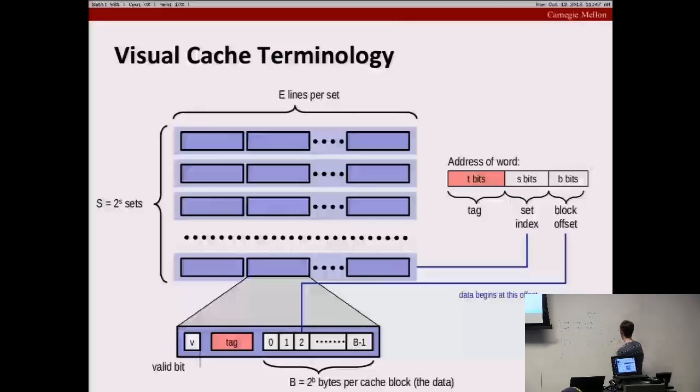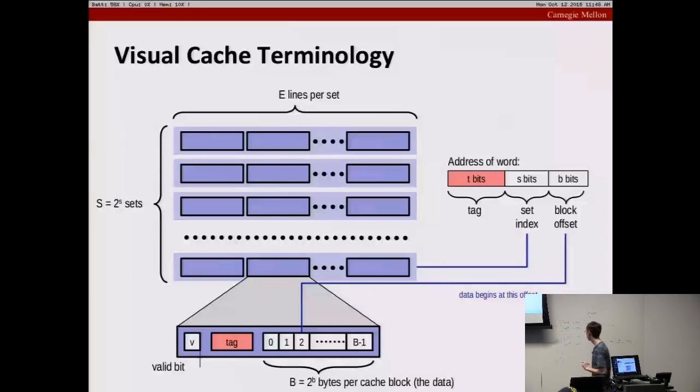And then we say, okay, now we have this tag. We want to see if there is something. These have the valid and the tag too. We want to see, is there a line in this set that has the same tag as this piece of memory that is also valid?